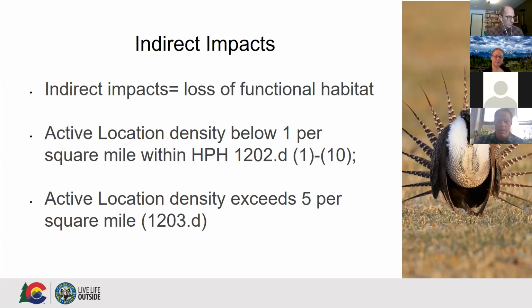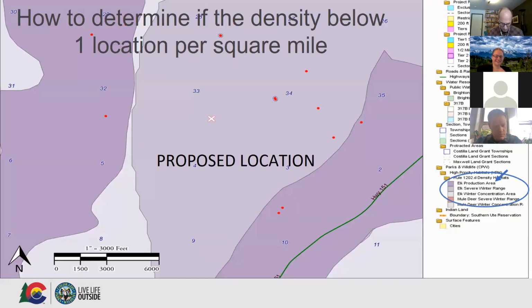So how do we figure out the lower density threshold? Are we over 1 per square mile? So can we go to the next slide, please, Hannah? So here's a screenshot from COGCC and a hypothetical situation. We made this a simple process for operators to determine this.